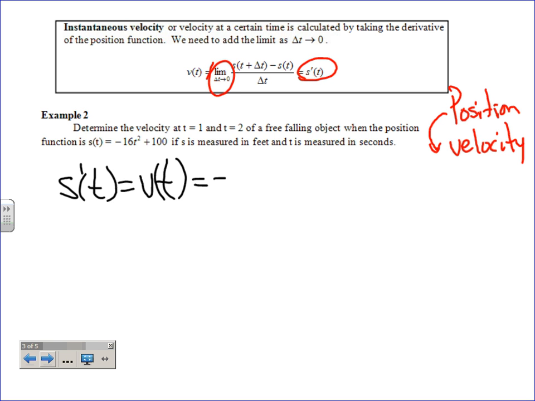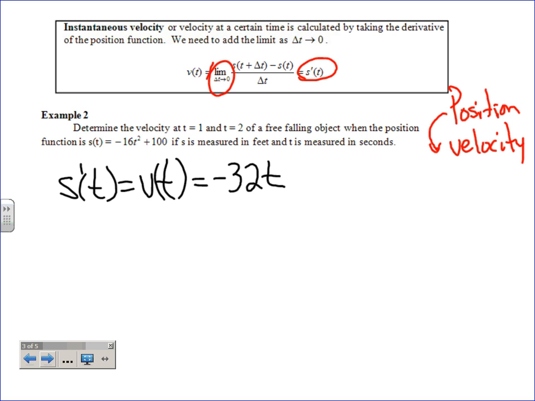Maybe we should go back to the definition. I just took the derivative, which is what that says. S prime of t is v of t. It's the same thing. It's negative 32 t.